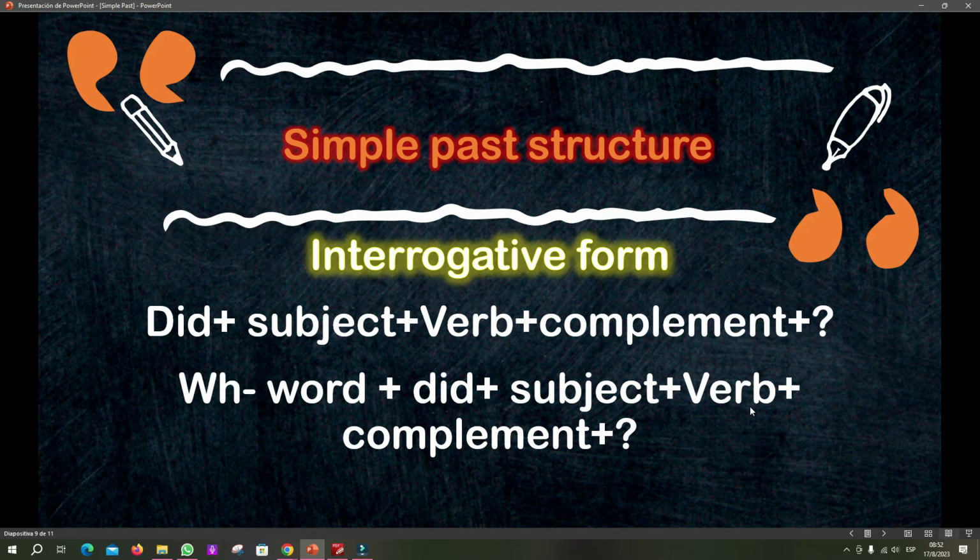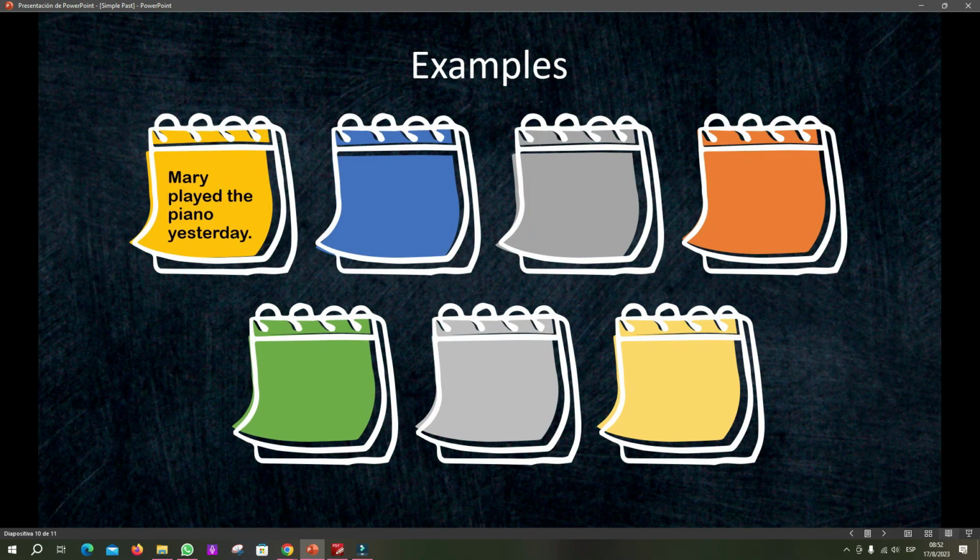We don't need to add ed, but we're going to see some examples later, right? Just the base form of the verb, the complement, and also the question mark. Remember, yes, no questions, you should answer in a short way, and the WH word questions, you should answer them completely, okay? Let's see some examples.